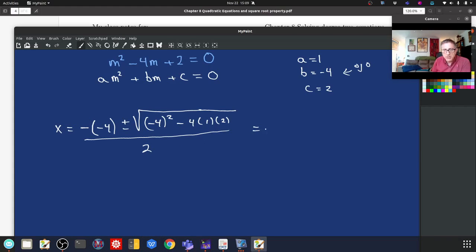So let's start simplifying. Minus a minus 4 is 4. Then I have my plus or minus. Minus 4 squared is 16. Minus 4 times 2 is minus 8. All of this is going to be over 2.